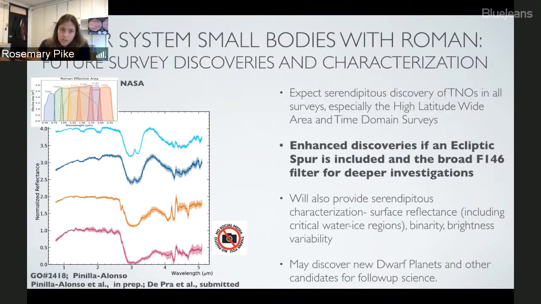So discovering a large number of TNOs, getting them in multiple bands, and then selecting which ones to follow up with detailed JWST spectroscopy would provide a really excellent data set for better understanding the bulk TNO populations.